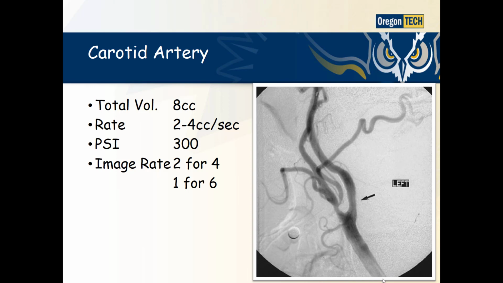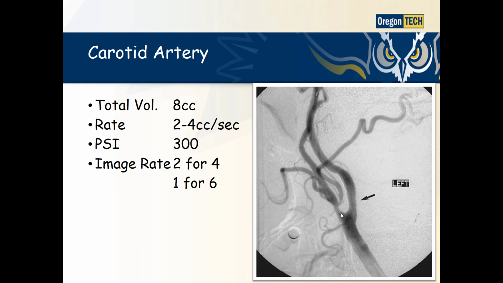What we have here is the common carotid artery, the left common carotid artery, and then it's going to bifurcate. When it bifurcates, we're going to have the internal carotid artery here. The way you can tell is it is not going to have any bifurcations until it gets into the cranial vault.